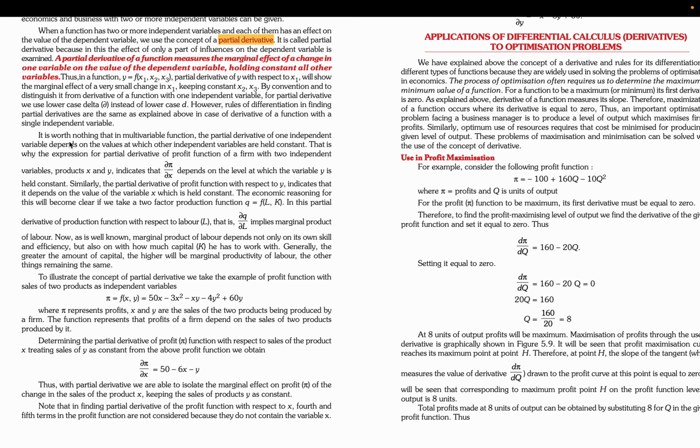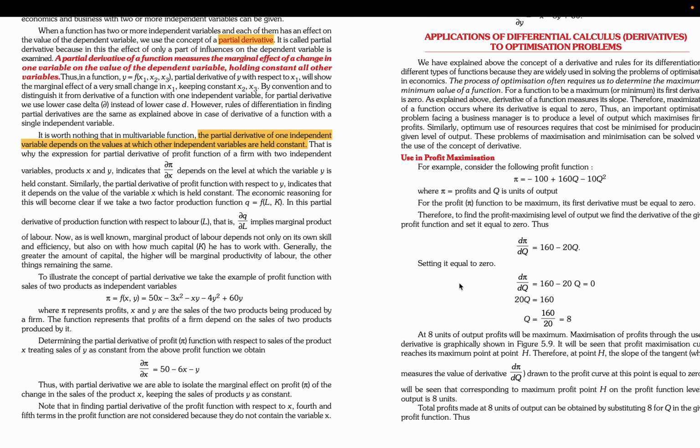Let's read through this again because it's important. It is worth noting that in a multivariable function, when you have multiple variables, the partial derivative of one independent variable, which is what we have discussed right now, keeping the others constant, depends on the value at which the other independent variables are held constant.